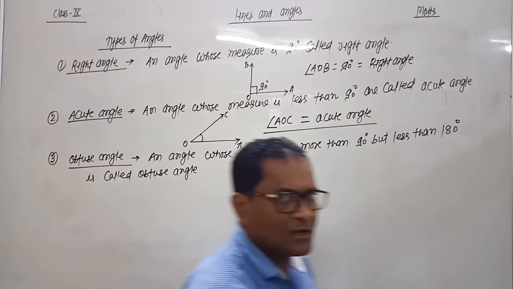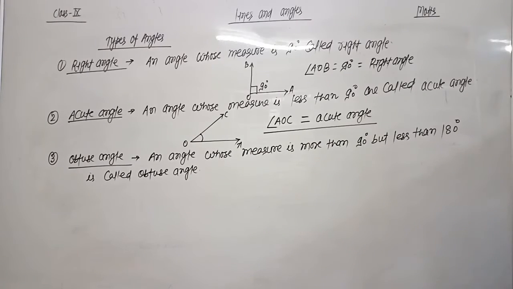So the angle whose measure lies between 90 and 180 degrees is called an obtuse angle.